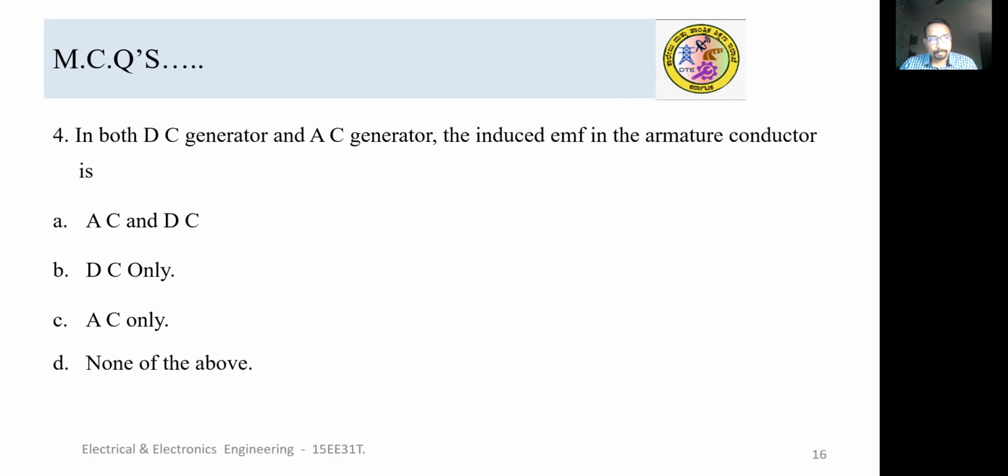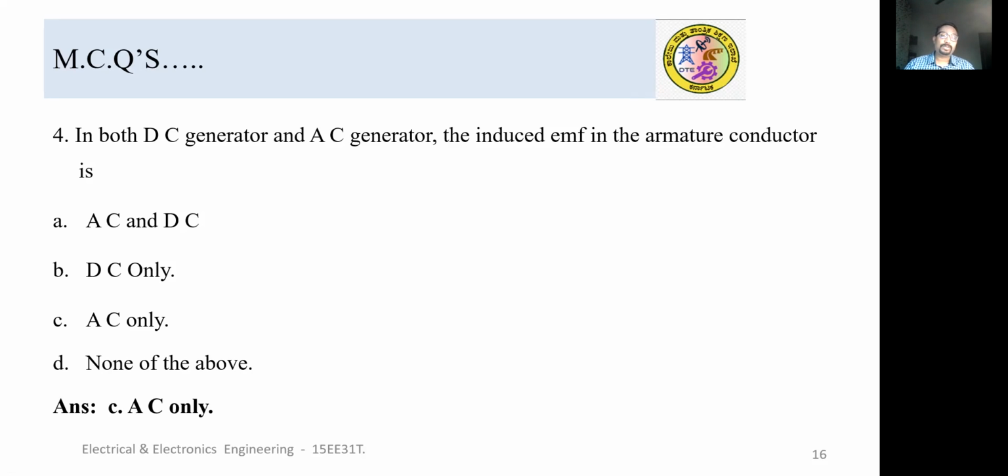Whether it is a DC generator or AC generator, the induced EMF in the armature conductor is always AC. If you want DC, you have to use the commutator. If you want AC, no need of commutator. Take the induced AC as it is to the outside. Hence, answer C is the right one.